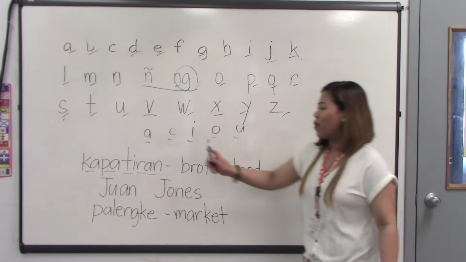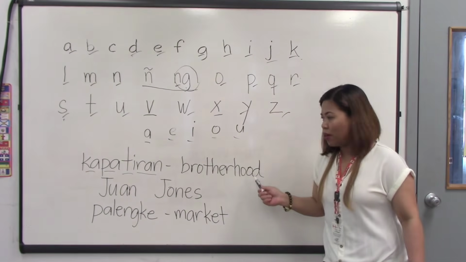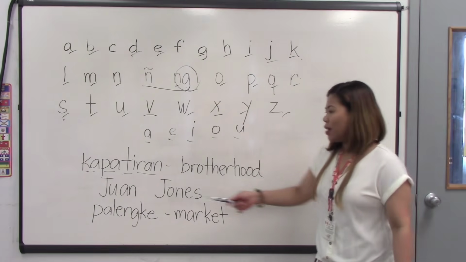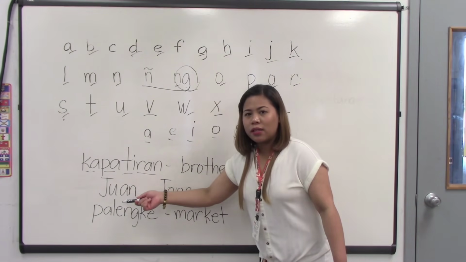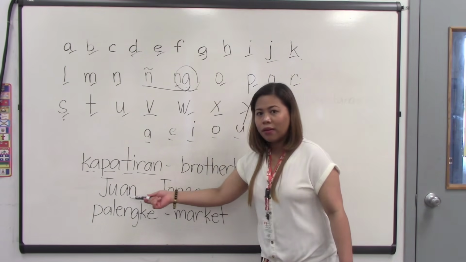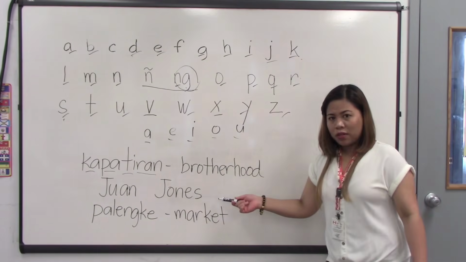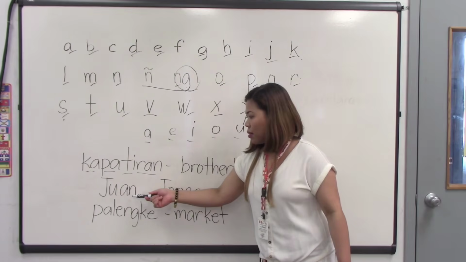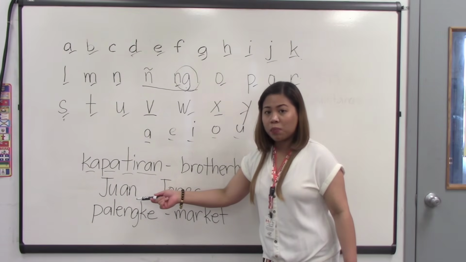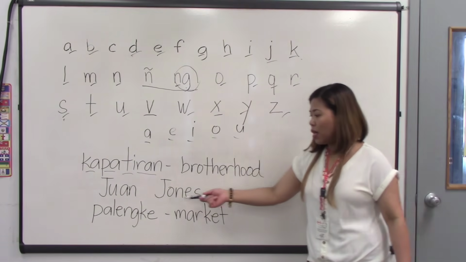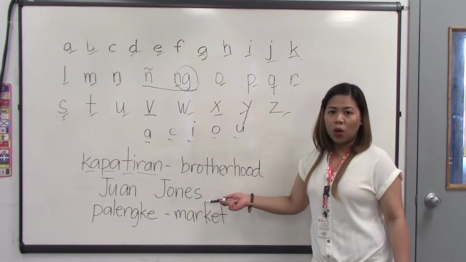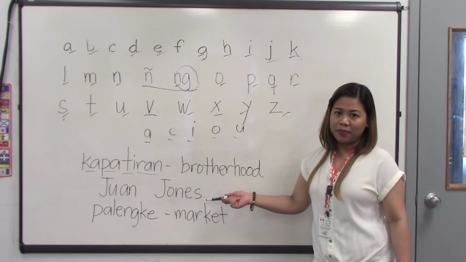Kapatiran means brotherhood. Okay? So, kapatiran, brotherhood. How about this one? Can you read the name properly? How do you read this? Do you think this is Juan, Jones, or should this become an H? Because Juan is a Spanish name and Jones here should stay as J because Jones is an English name, right?